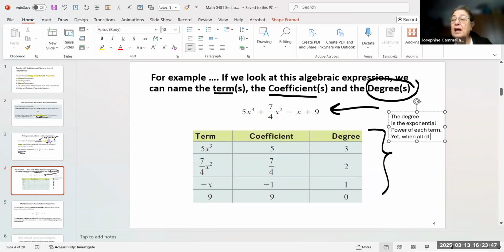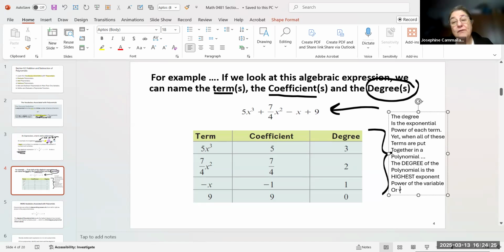Yet, when all of these terms are put together in a polynomial, the degree of the polynomial is the highest exponential power of the variable or variables.